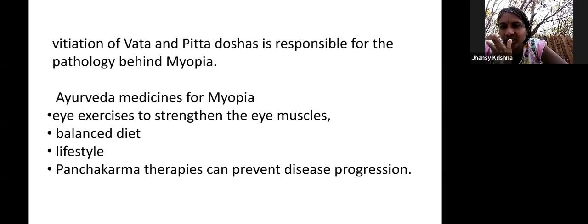The pathology of myopia is due to vitiation of Vata and Pitta dosha. Ayurvedic preventive aspects include eye exercise, balanced diet, lifestyle, and panchakarma therapies. This prevents progression of the disease.